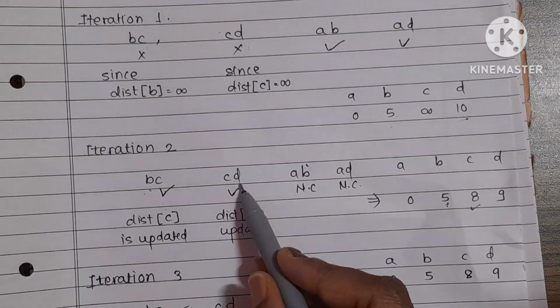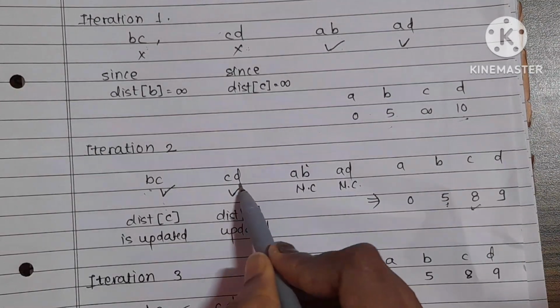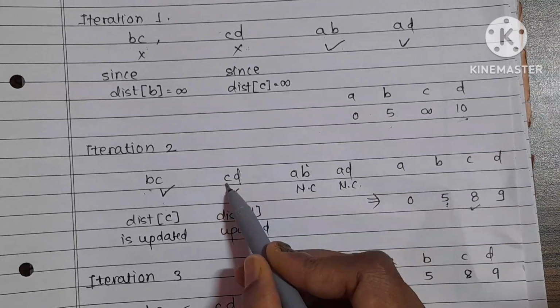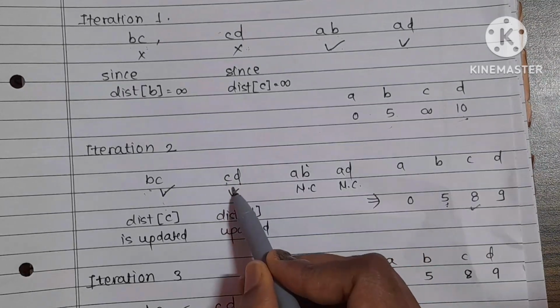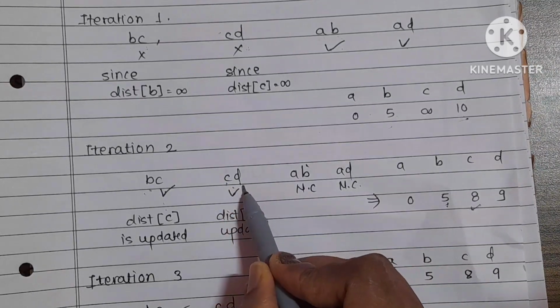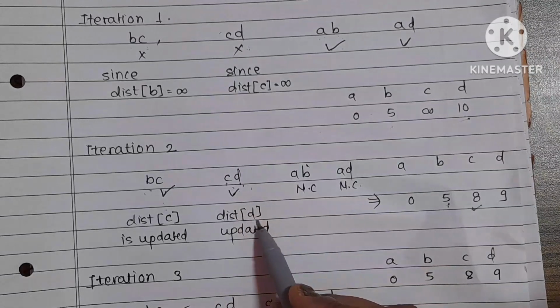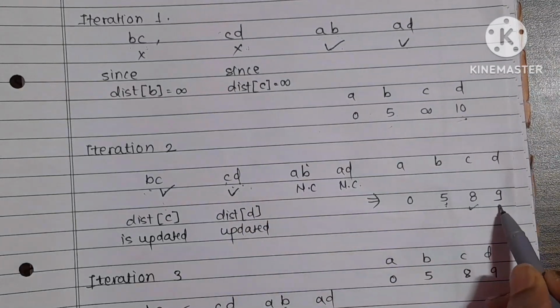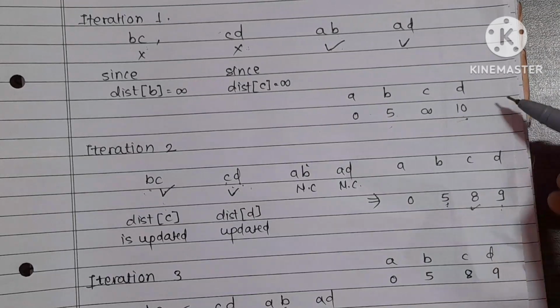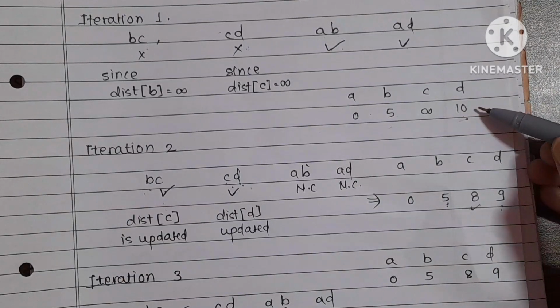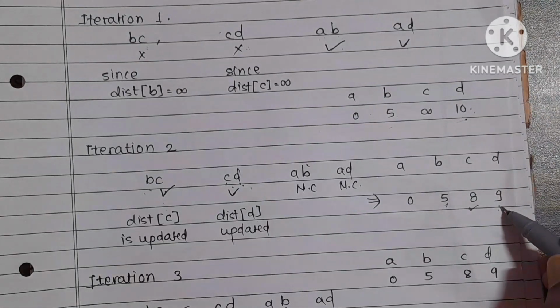Next, considering the edge CD, the distance of C is 8, plus CD which is 1, so 8 plus 1 is how the distance of D could be updated. The newly calculated value is 9, whereas previously it was holding 10. So this 10 could be replaced by 9.